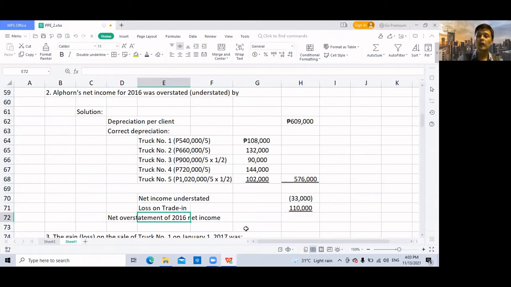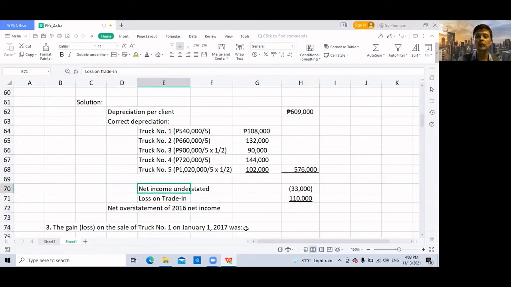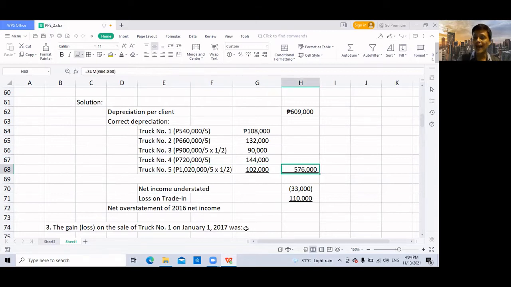And then after getting truck number 5, which is 102,000, we add all of them. So 108 plus 132 plus 90 plus 144 and 102, we have 576,000.